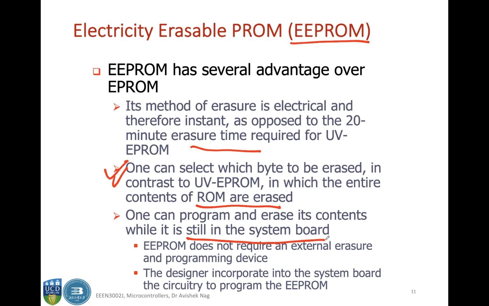So this is also very important. You don't have to move the ROM here and there. EEPROM does not require an external eraser and programming device. So the designer incorporates into the system board the circuitry to program the EEPROM. This is again a big advantage as opposed to the EPROM.